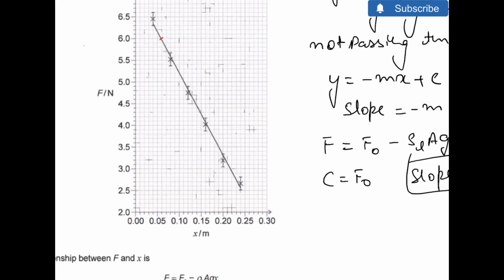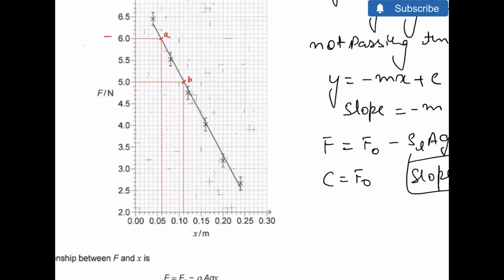Let me mark this as A, and this point as B. You can see that A is at 6 while B is at 5 on the y-axis. And if we see the projection of A on the x-axis, it is this point, and the projection of B on the x-axis is this point.